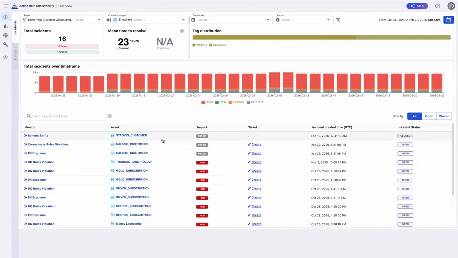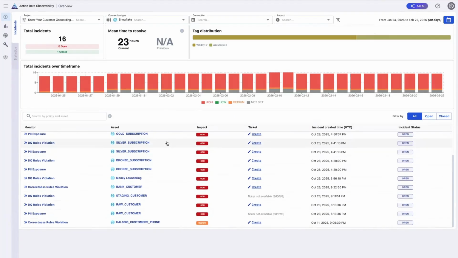So you are provided clear prioritization signals, providing direction and granular starting points. Really, the value call out here is that by detecting issues before data ever reaches downstream systems, Actian reduces cascading failures and extended data downtime.